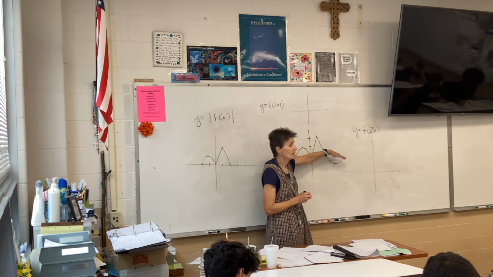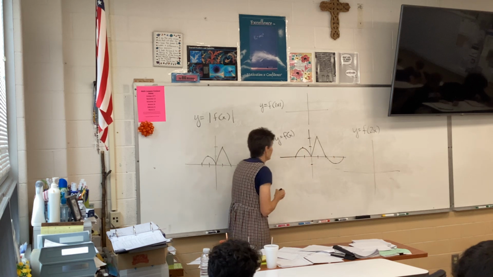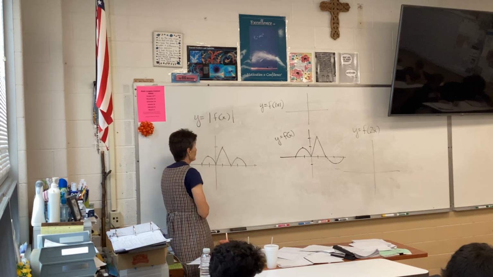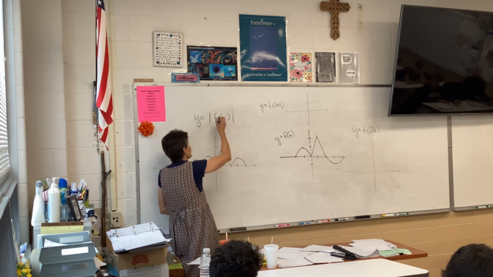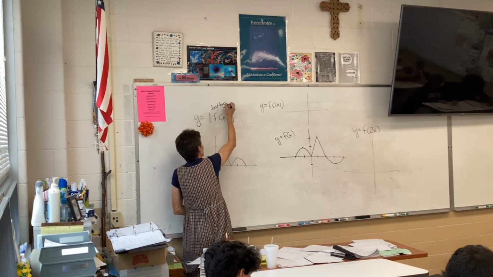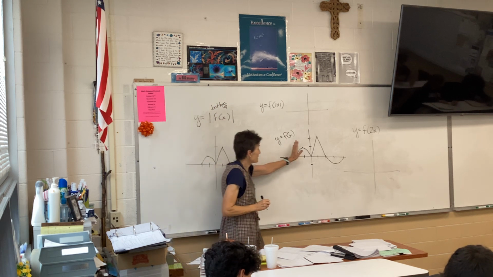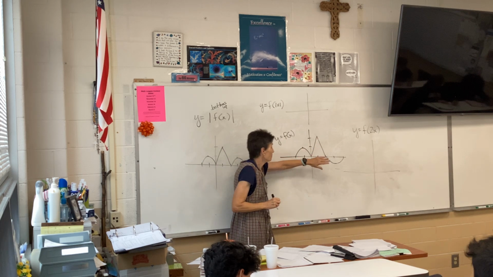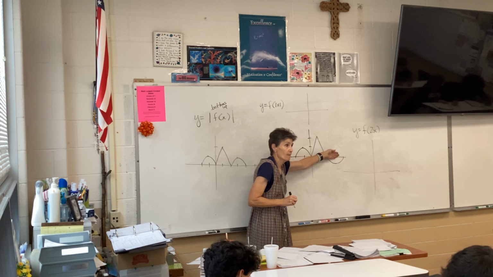So only the bottom comes up. So it would look like that. This is bottoms up. Anything up here stays exactly, you don't change a thing. But this part comes up.